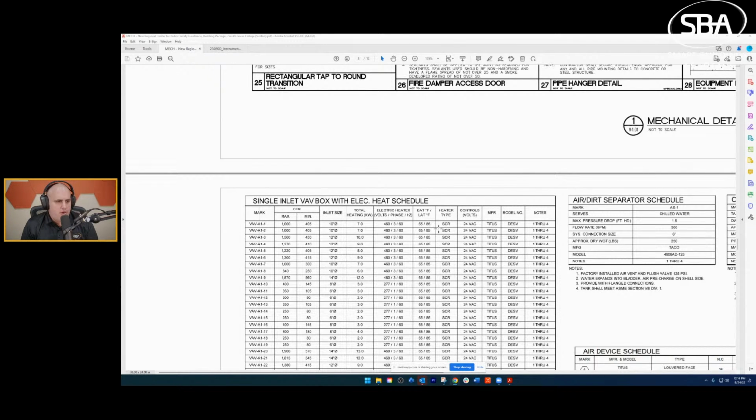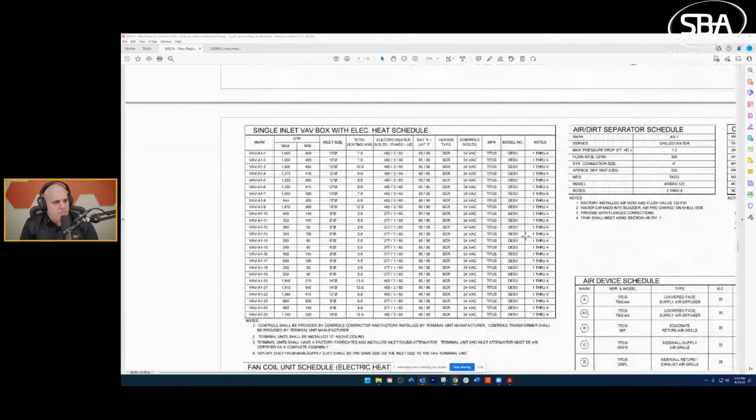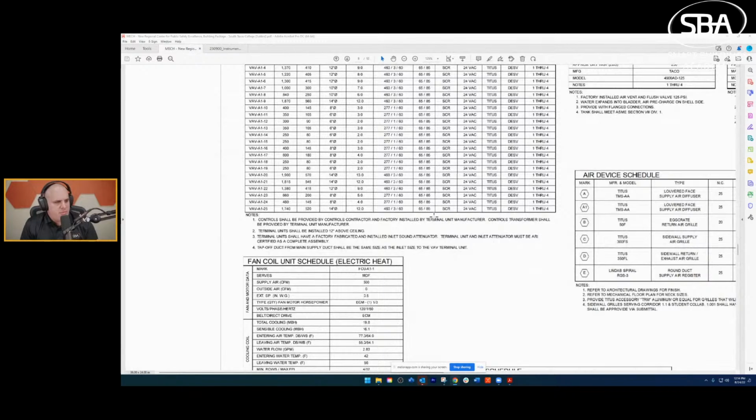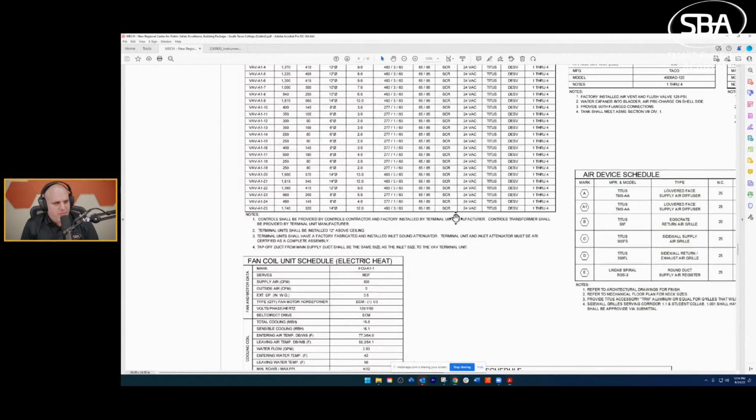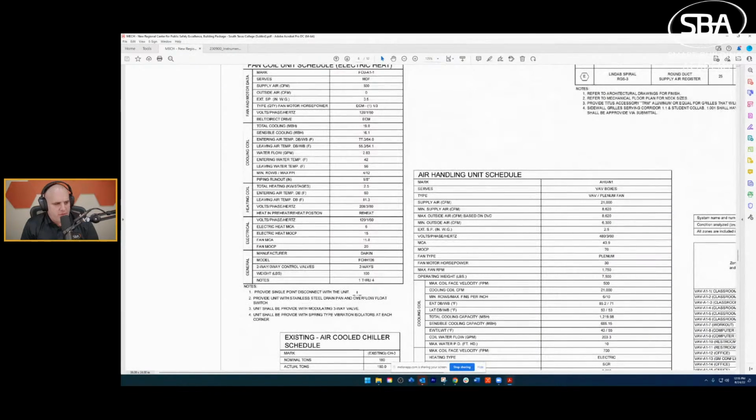It's SCR, so silicone controlled rectifier, which means it's a 0 to 10 signal. And also some other notes, right? Controls shall be provided so I can offset some cost by having the terminal unit manufacturer mount my controllers, as well as providing the transformer. So I can start to see some information. I start to make notes of all of this, right?